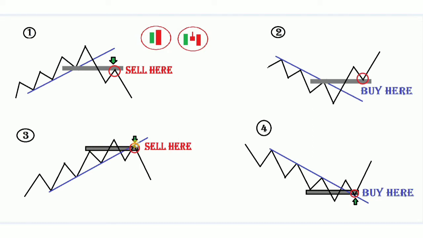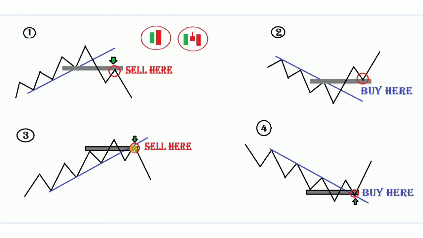So now we have 3 confluences. The first confluence is that price has broken the trend line, signifying that there might be a change in direction, a change in trend. Second one, it has come to retest the trend line again. Third one, it has tested both the trend line and the previous zone.